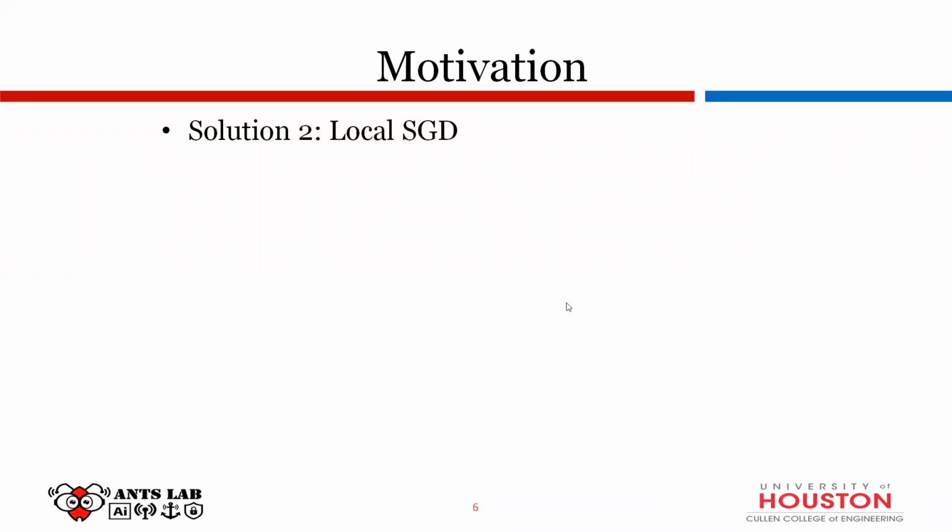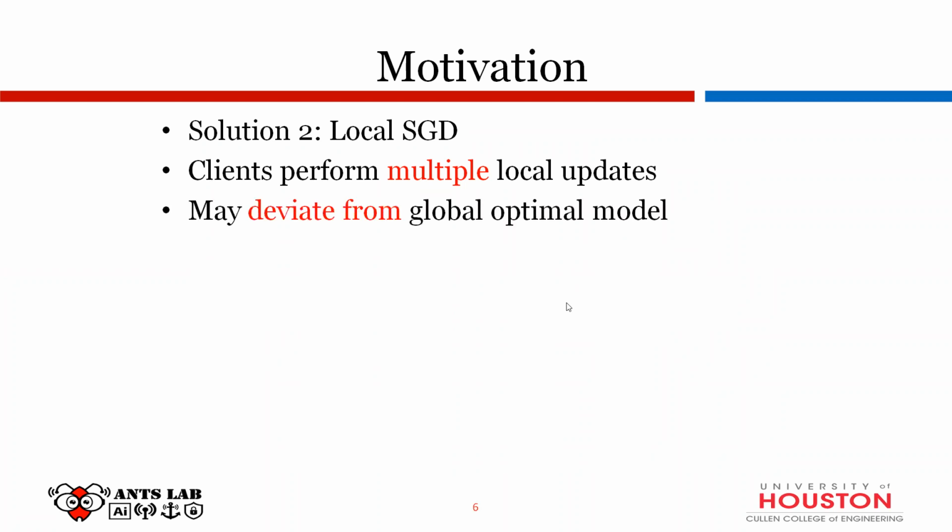The next thing is local SGD. Clients can perform multiple local updates before doing the transmission to the server. What happens here is that they might deviate from the global optimal model, because every local model is trained separately.